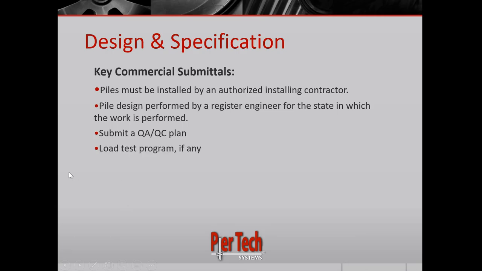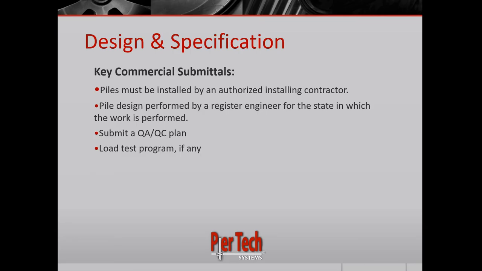Next, potentially a load test program may be required in the specifications. If they're required, you want to put together what your load test program will be. And most specifications spell that out, what they want the test to be, how many tests they want, and what type of test they want.